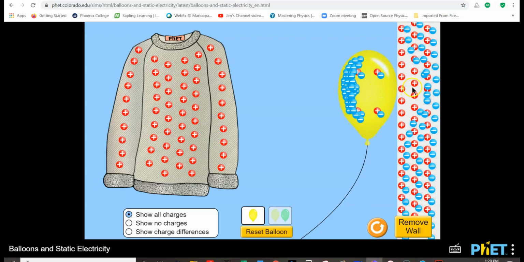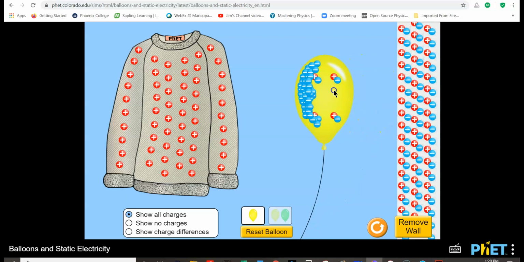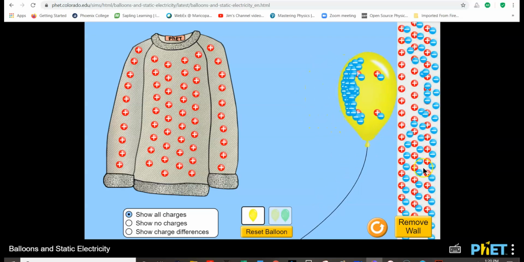Okay, so basically these atoms are just restructuring themselves, so now the protons are close to these electrons, and these electrons are just kind of leaning away. Nothing has changed. It's still a neutral wall, but these electrons are now leaning away and allowing these charges to be closer.